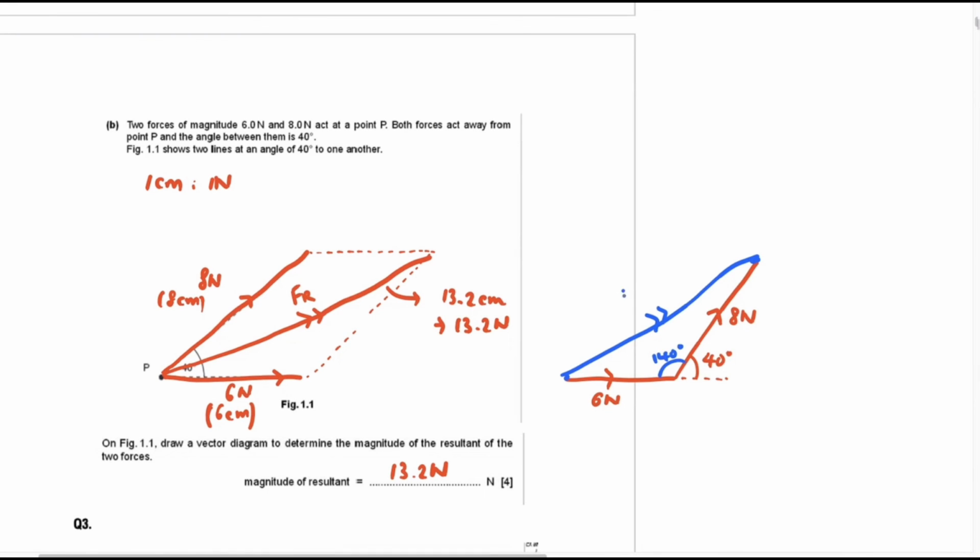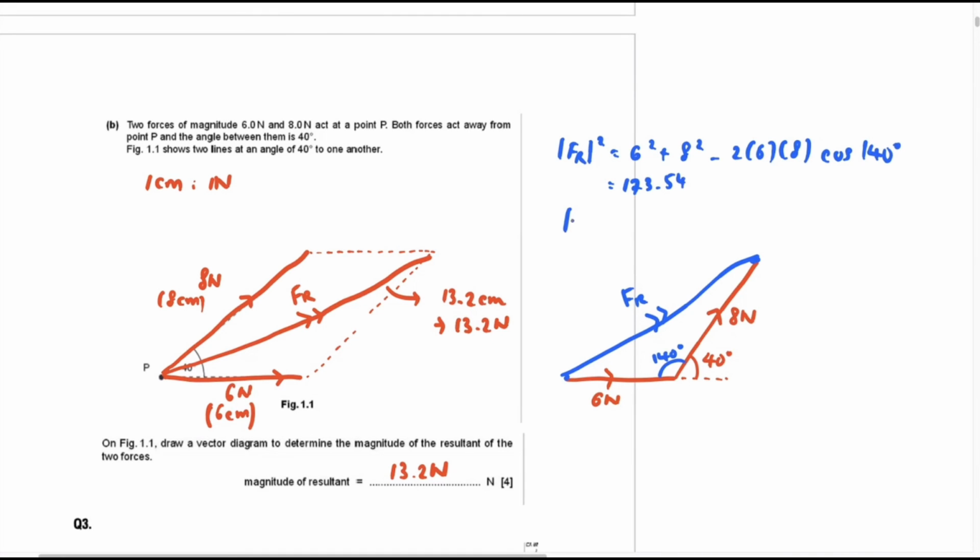So you want to find the resultant force. If you are not using the scale drawing method, we have to use the cosine rule. So cosine rule: FR squared equals 6 squared plus 8 squared minus 2 times 6 times 8 times cos. Are you familiar with this formula? Then press the calculator, and we get 173.54.